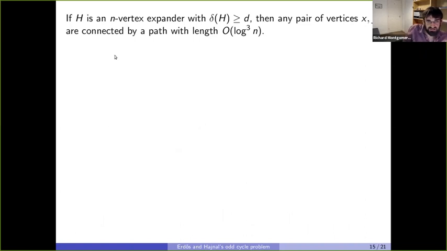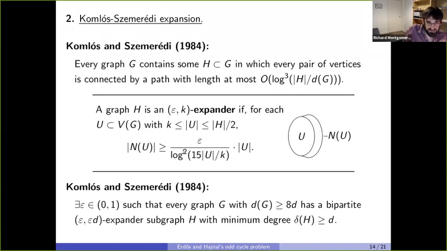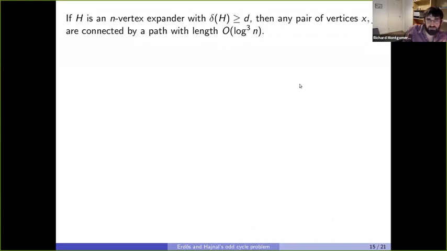So I have mostly the pictures here just to illustrate how you can use expansion. This goes exactly as you would wish. If you're an expander with some minimum degree condition, then given any pair of vertices X and Y, it's very easy to connect them with a path with length which is polylogarithmic in n. So this log to a third term, incidentally, comes from this log squared term playing with us in here.